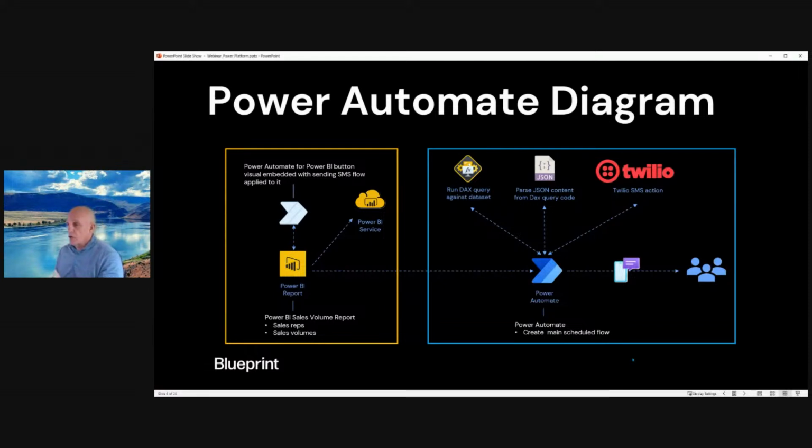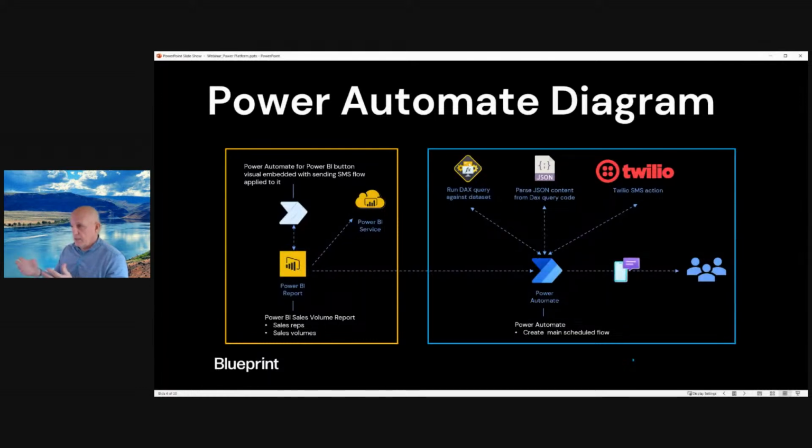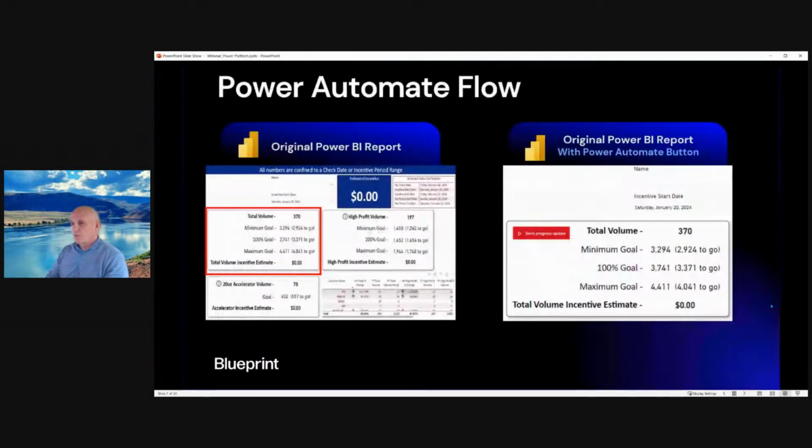And then from there, the Power Automate flow, the workflow that you establish, has multiple things that it needs to do to ultimately send an SMS text message to a group of users. This diagram is just trying to give you a high level concept of that.